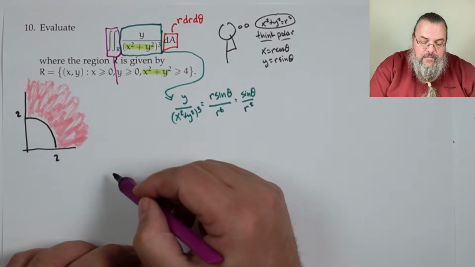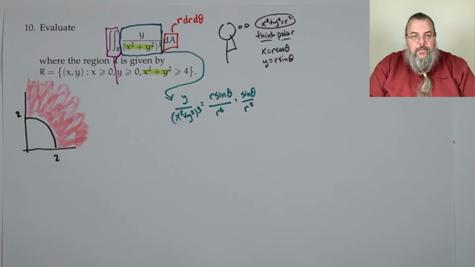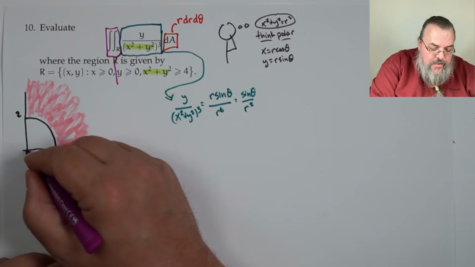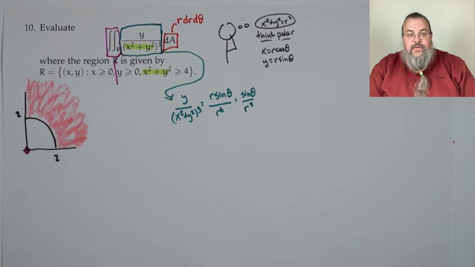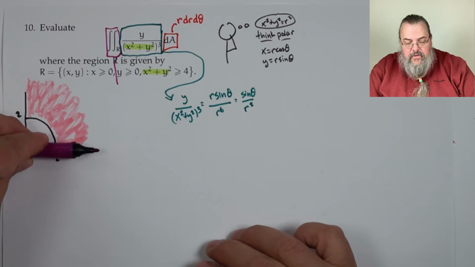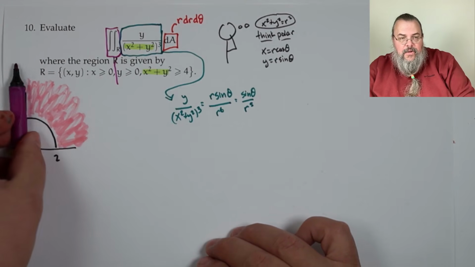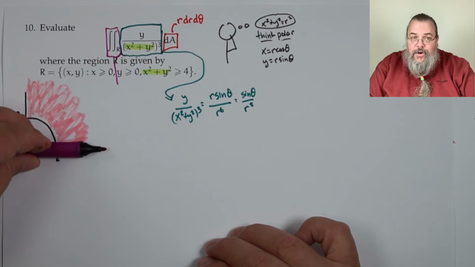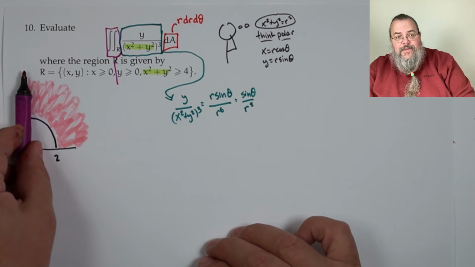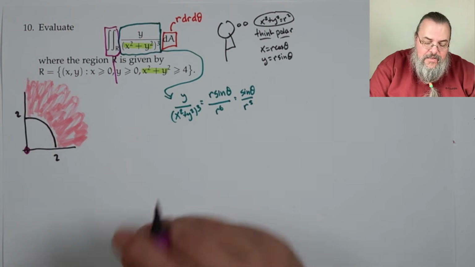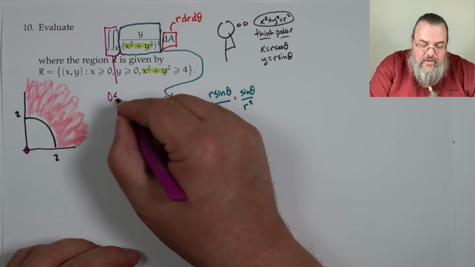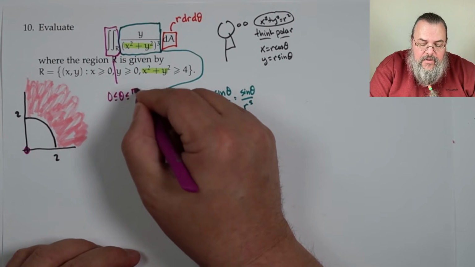Okay, so what is that going to be? Well, we think of everything in relationship to the center. As you look at this, what angles are involved? Well, we're going to go from 0 to pi over 2. So 0 less than or equal to theta less than or equal to pi over 2.